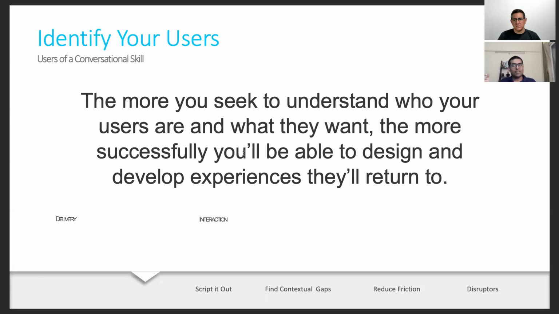Earlier I was just going to do this, but now that I think of it, if my user is like this, I should maybe have a different path for them, right? Or maybe my entire conversation changes, my entire idea of a skill changes, right? So that is a very important thing to do in the skill ideation life cycle.